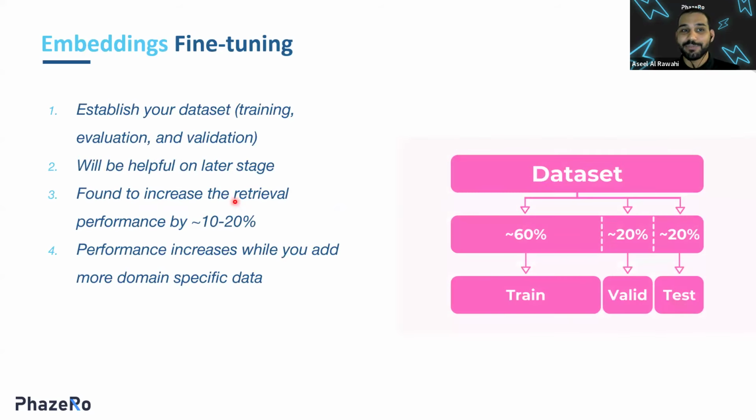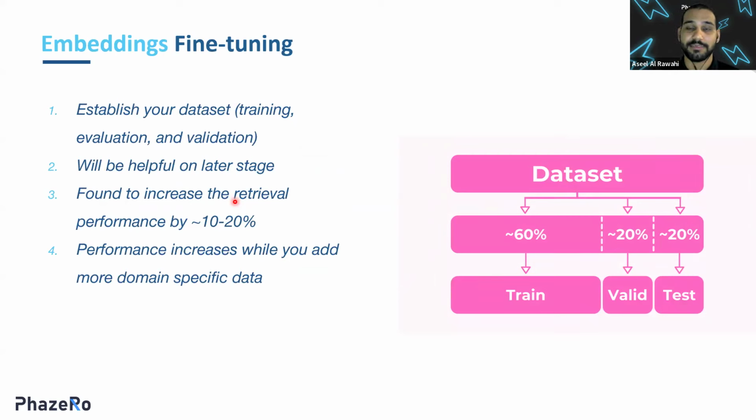Another important component in the ingestion phase is embedding fine-tuning. And embedding fine-tuning is a very great way of boosting your RAG application efficiency instantly. We have found a performance increase of between 10 to 20% when fine-tuning embeddings.